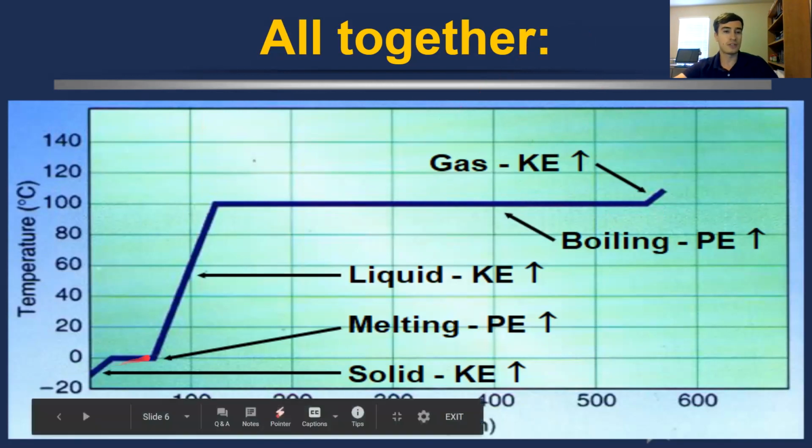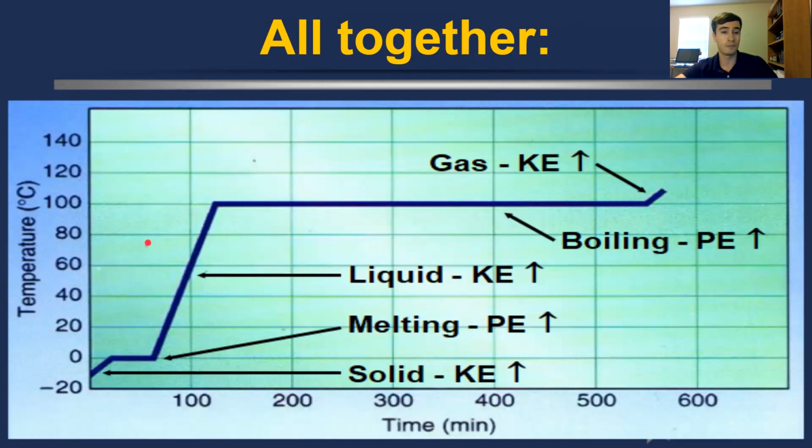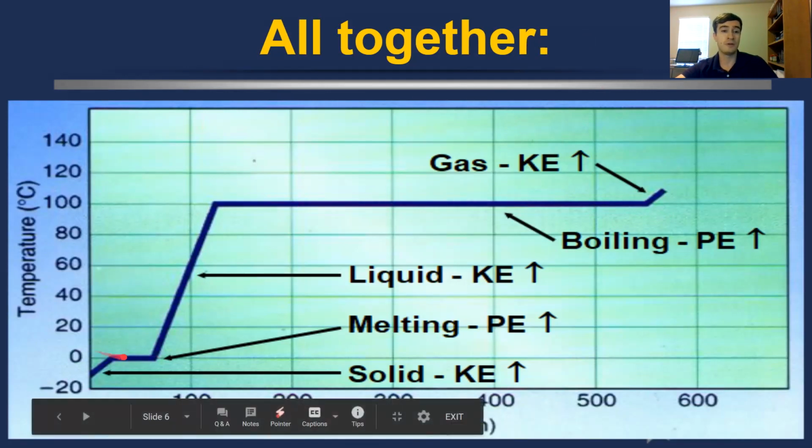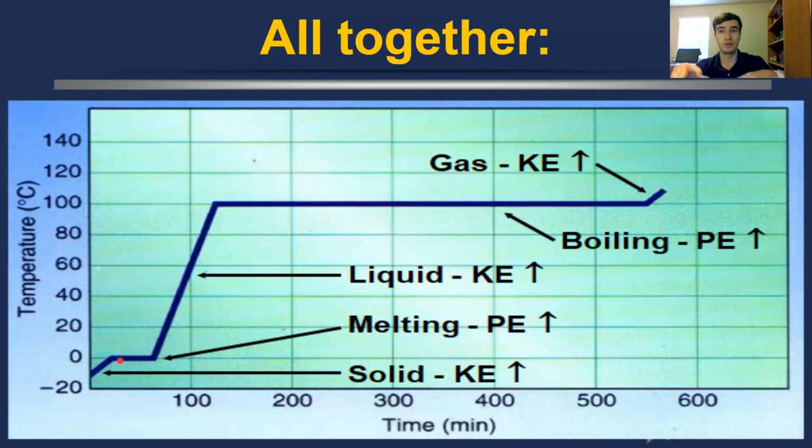You have these areas where the temperature is getting hotter because we're stuck in one phase and we're just getting warmer and warmer. And then you have these flat areas where the temperature stops going up because our matter is changing from one phase to another. It's not getting hotter, it's going through a change which stops the temperature from rising.